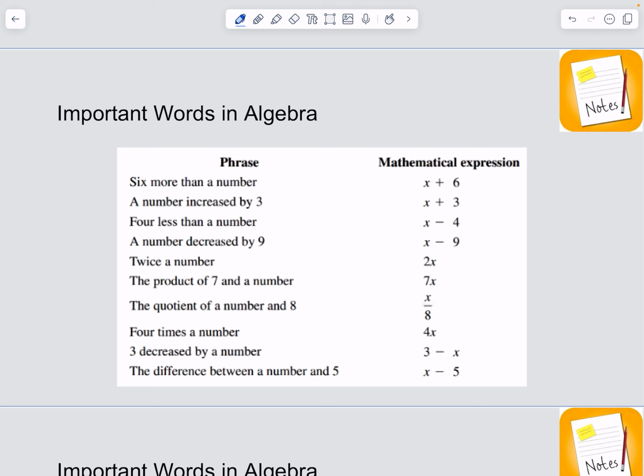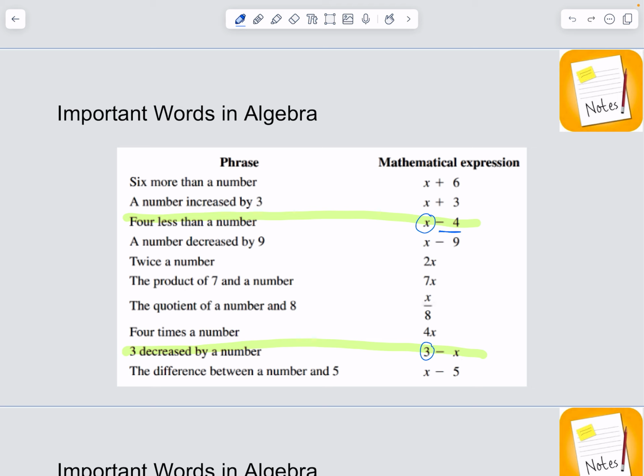The ones on this list that are most frequently mixed up, I would say, are 4 less than a number and 3 decreased by a number. 4 less than a number means I'm starting with a number I don't know and it's 4 less than, so it's x minus 4. 3 decreased by a number means I'm starting with 3 and decreasing it by a number I don't know, so 3 minus x.